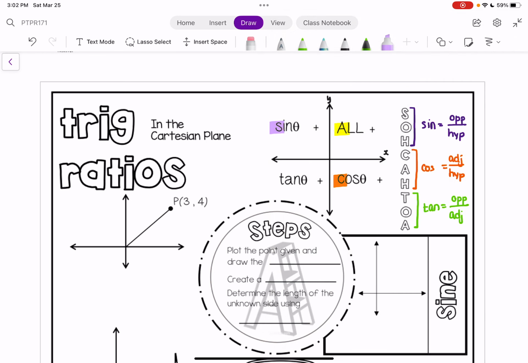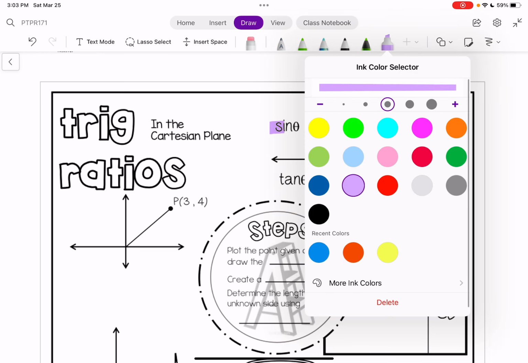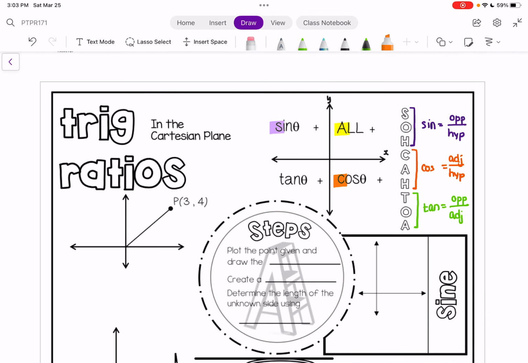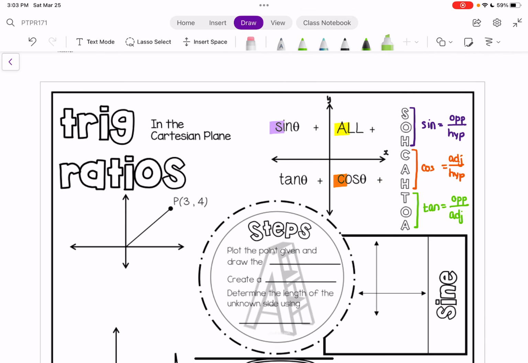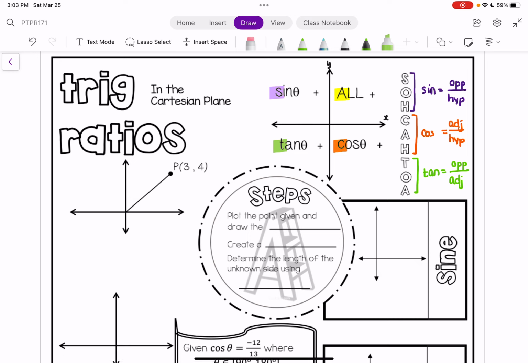Sine, so there's my S, is positive in this quadrant, and tan is positive down here. And that's where we get our CAST diagram. So right now, these two things that I have up there in the front are what we're going to be using. I like to call that our little toolbox, what we're going to need when we are answering any of these questions.